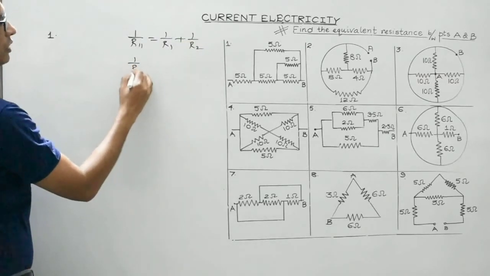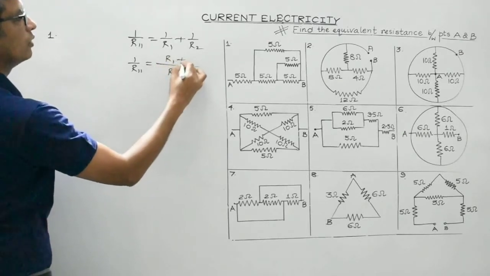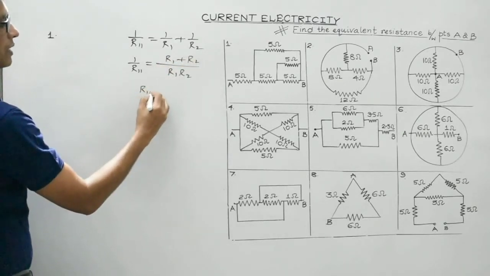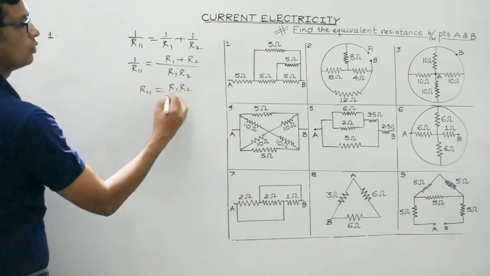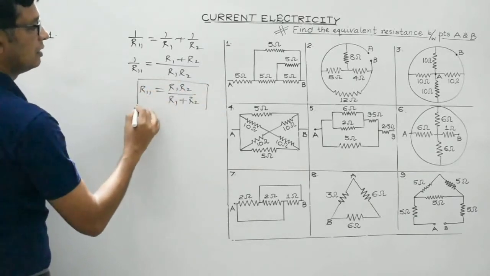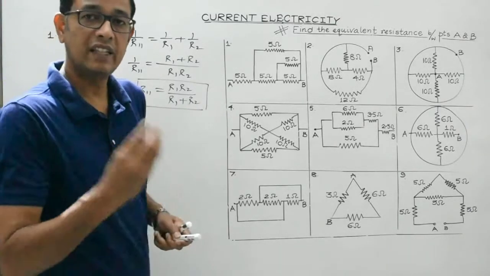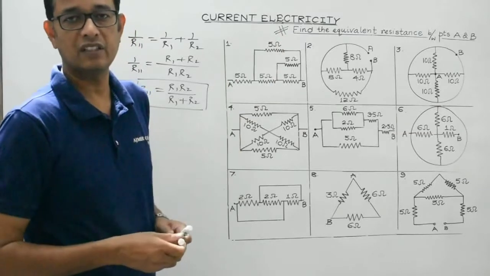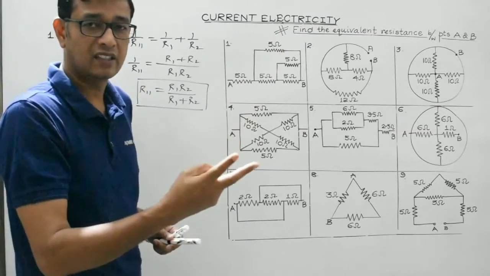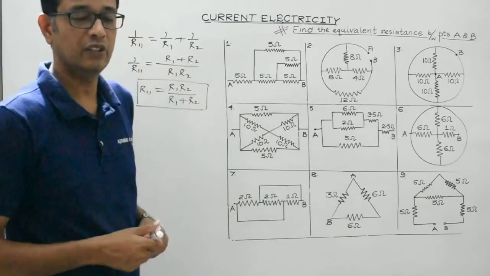So if you solve it, LCM is R1 R2 and here you will get R1 plus R2. So R parallel would be equal to R1 R2 divided by R1 plus R2. Am I clear? And also remember, in parallel grouping, the equivalent resistance is less than that of the individual given resistances. In case both the resistances are equal, its parallel resistance would be equal to half of the given value.